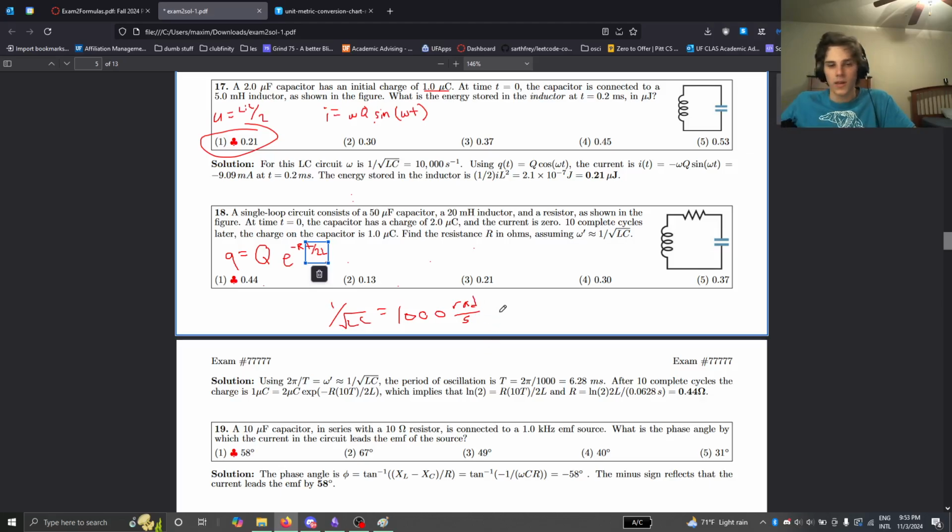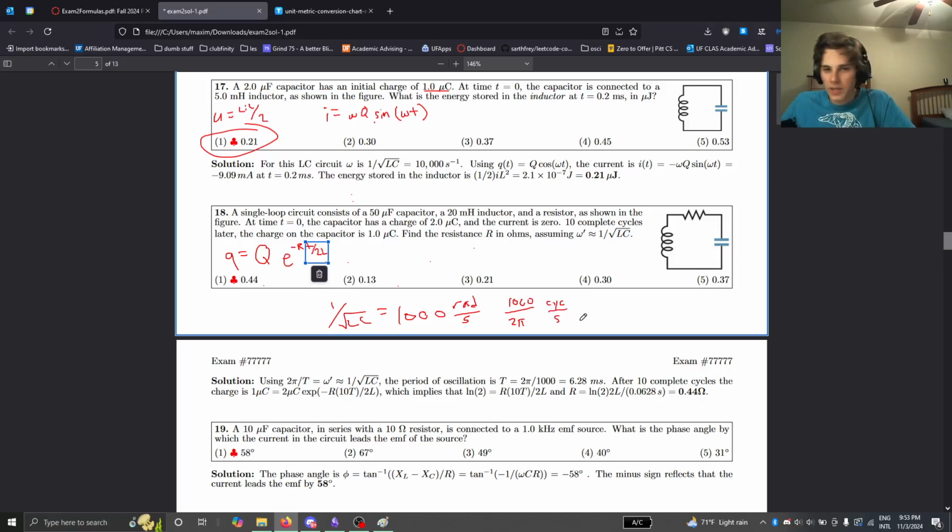Well, certainly. How do we convert from cycles? A full cycle is 2 pi radians. So if we take this 1,000 and divide it by 2 pi, we get the number of full cycles per second.